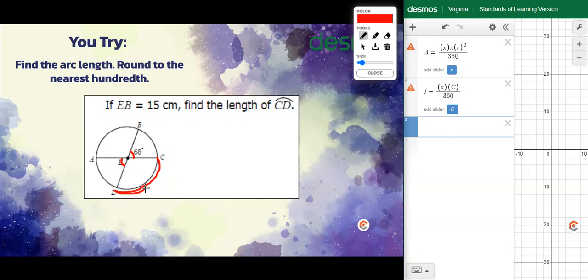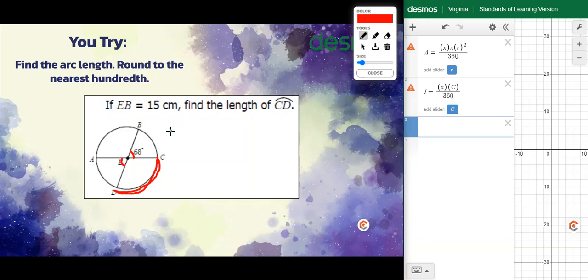So if we're trying to find the length of CD, that means that EB is 15. So this whole thing together has to be equal to 180, the semicircle equaling 180 degrees because it's on a straight line.